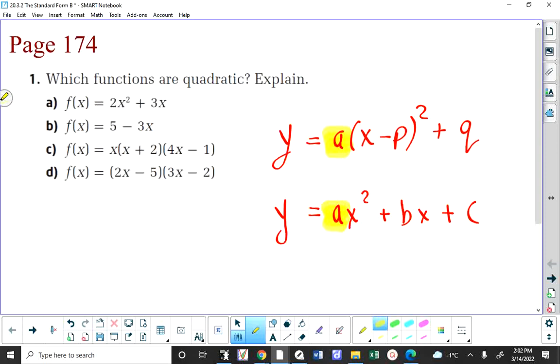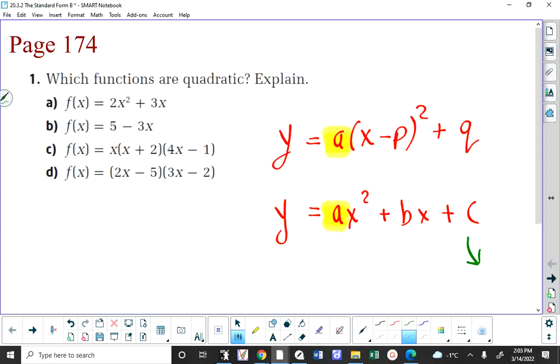That doesn't change. Okay? And what we learned is that other than a, there's one other piece of information that is available here. And that's that the value of c tells you something about the graph.